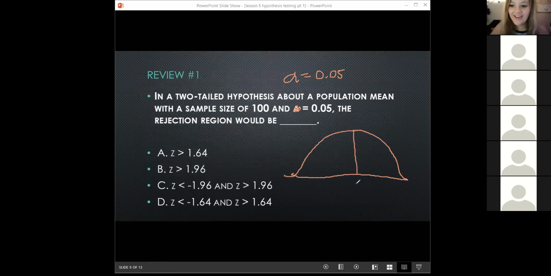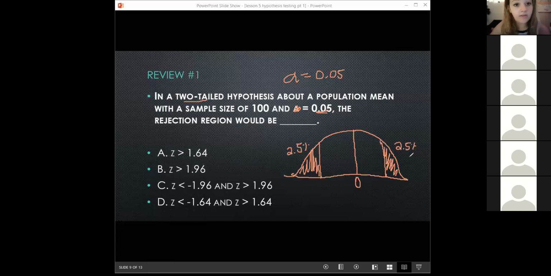Okay, so if we have our mean of 0 here, and alpha is 0.05, and this is two-tailed, so that's why I'm drawing it like this, that means the area here plus here has to be 5% because that's our rejection region. So this is going to be 2.5%, and this is going to be 2.5% to add up to the 5%.